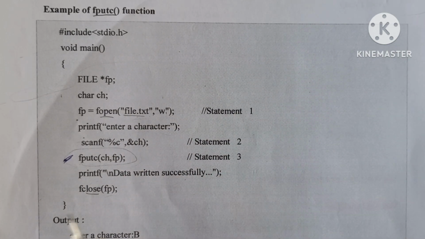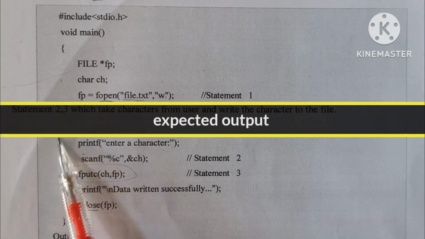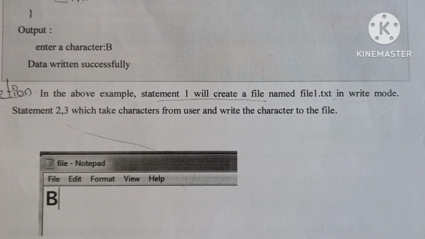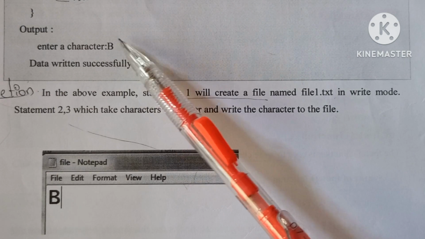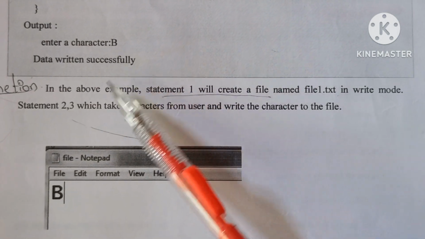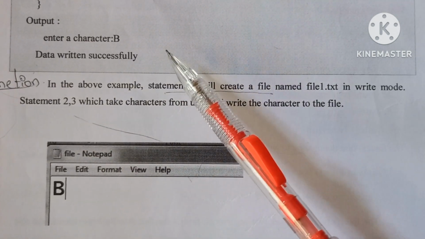After the program completion, we have to close the file. The output will be whatever data is entered by the user, that is B. The data will be written successfully into the file.